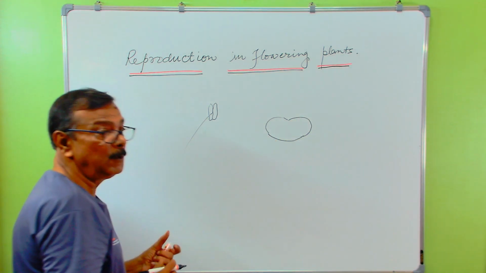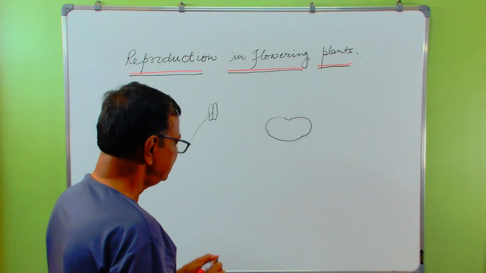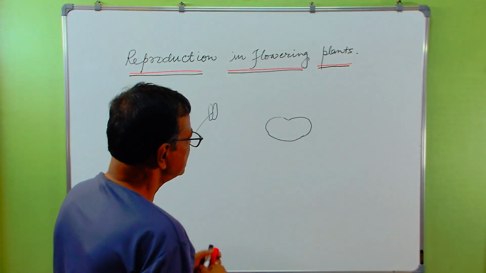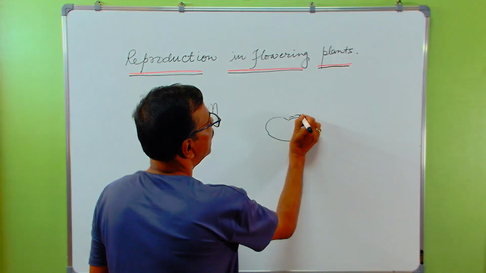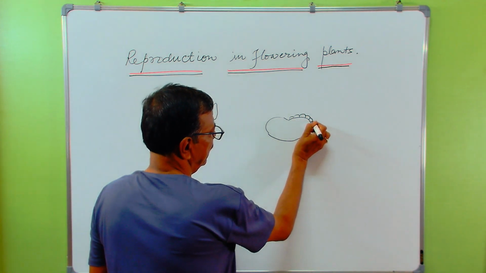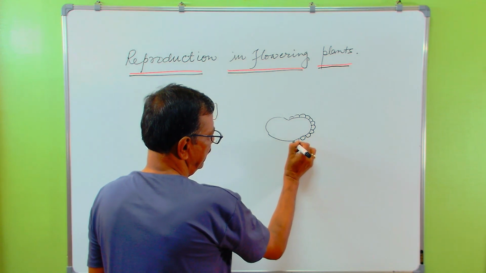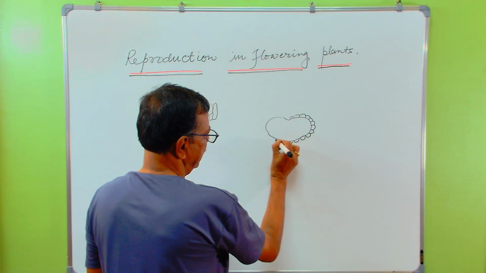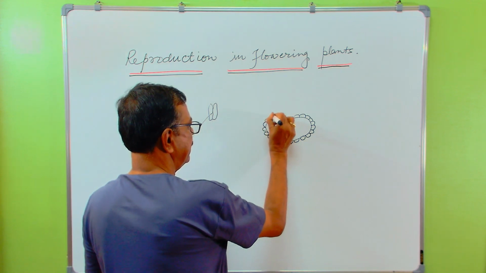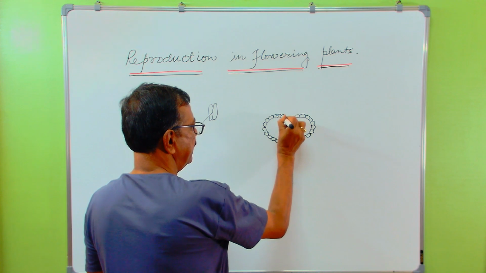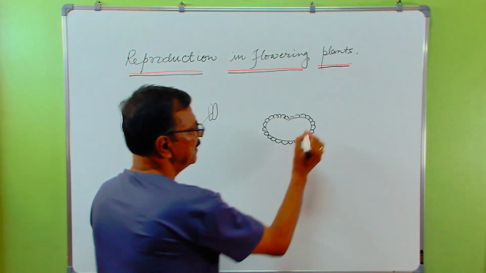If we cut it, we will see it is made up of two lobes. And these two lobes, the outer one is epidermis.